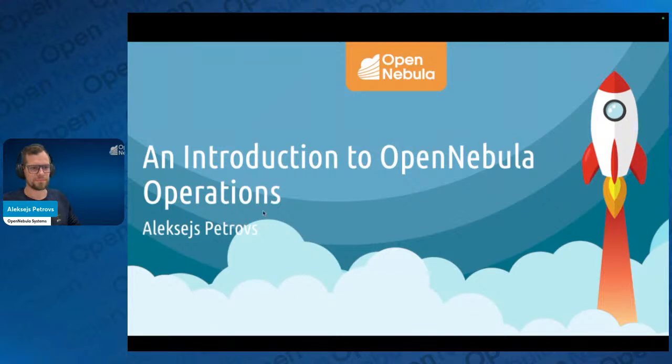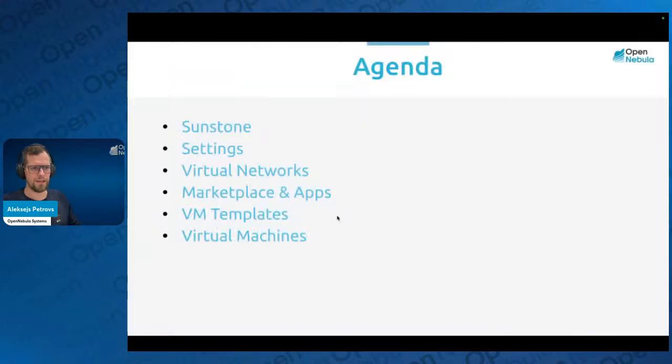All right, so let us begin with our agenda. What we are going to discuss today is Sunstone: what it is, how to use it, how it looks, how it feels, and all that. We're also going to touch a little bit on settings, the user settings and user preferences, what you can configure there, and what you would actually like to have there.